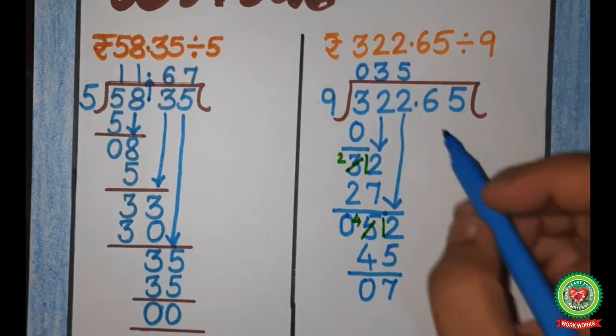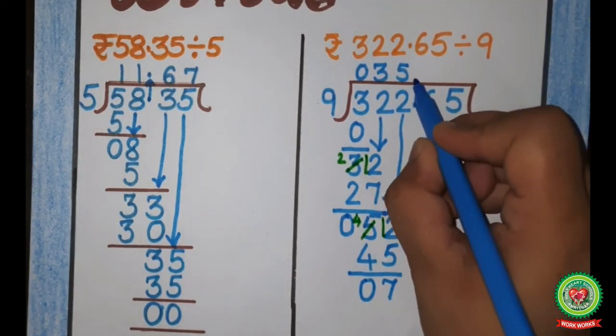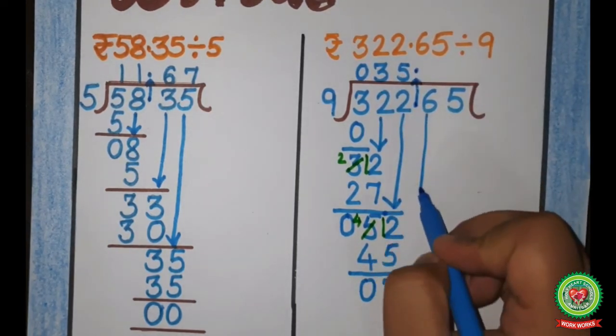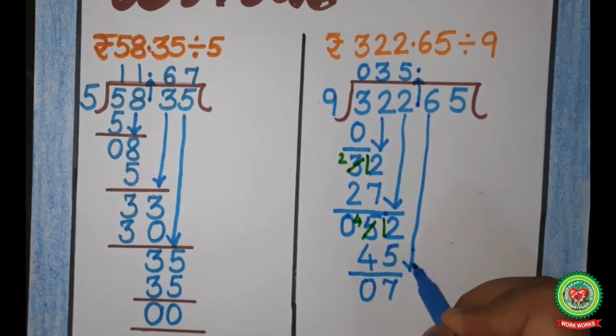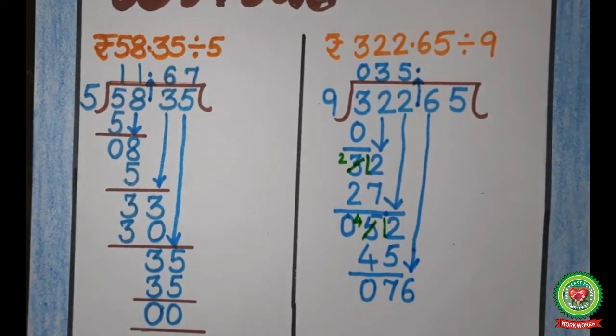Now students, next turn is of decimal. Decimal will move upwards and 6 will come down. Now on the 9 table, 76 comes?